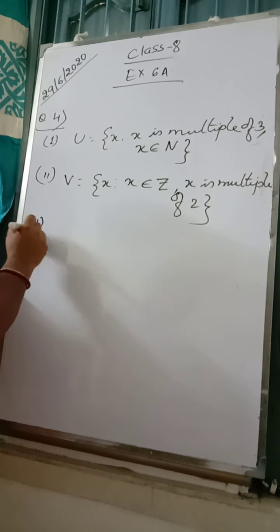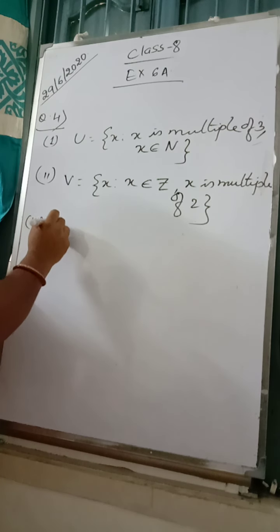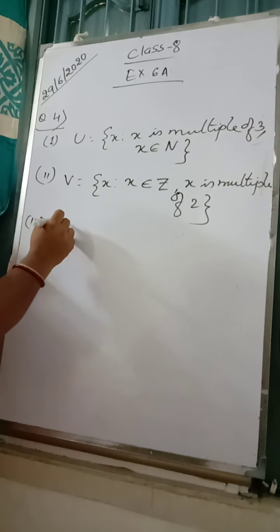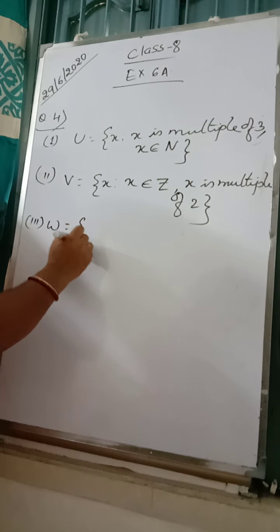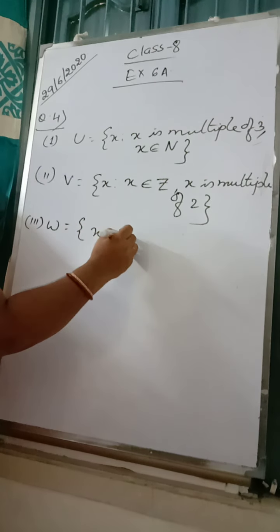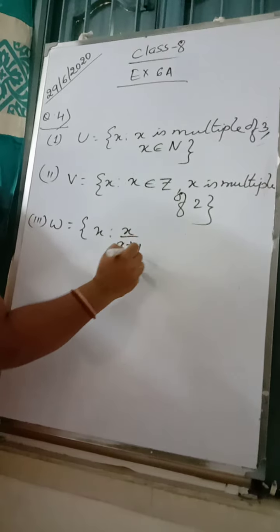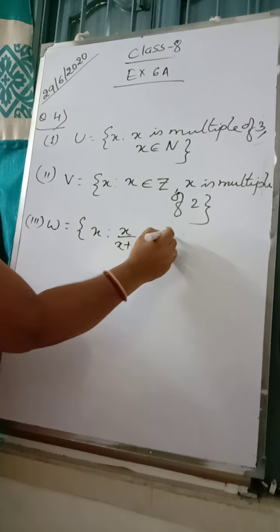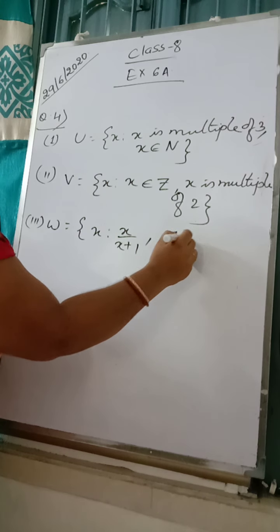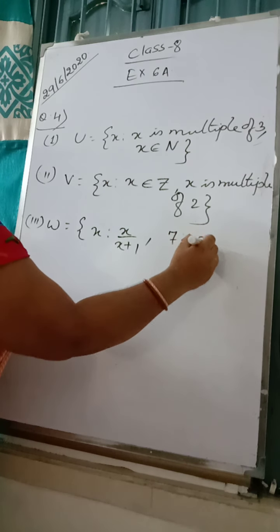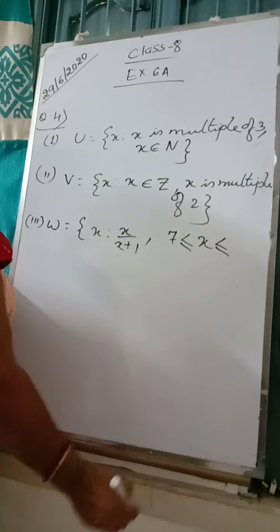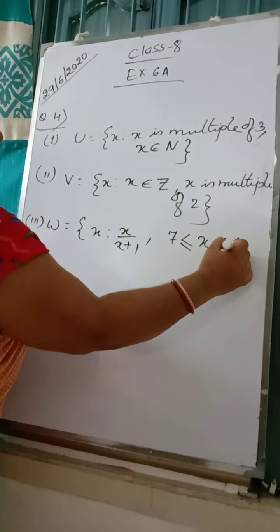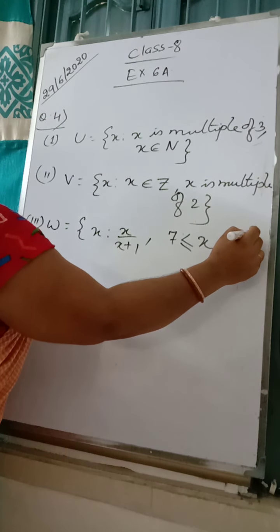Number 3: W is equal to x, where x by x plus 1, and this x is either equal to or greater than 7 or less than and equal to 11. Is it?